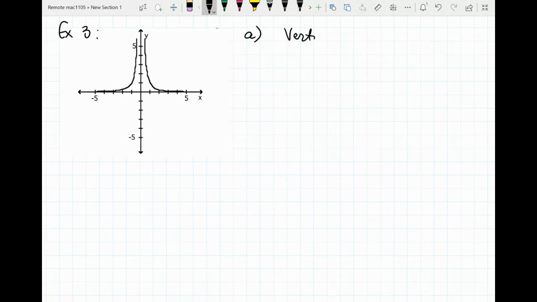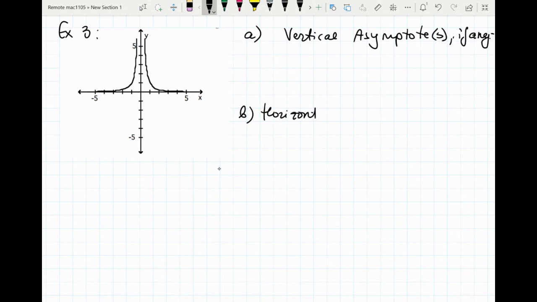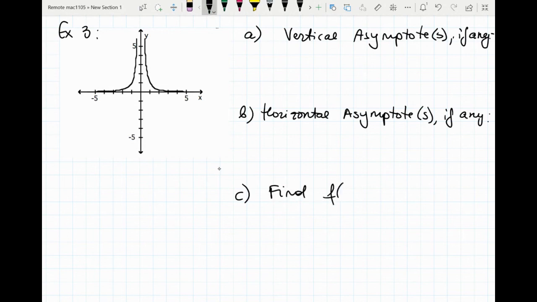So we want to find any vertical asymptotes, if any. We want to find horizontal asymptotes, if any. And let's see, we're going to ask also, what is f of 0? Let me rewrite it as find f of 0. There you go. Okay, so let's go ahead and look at this one.